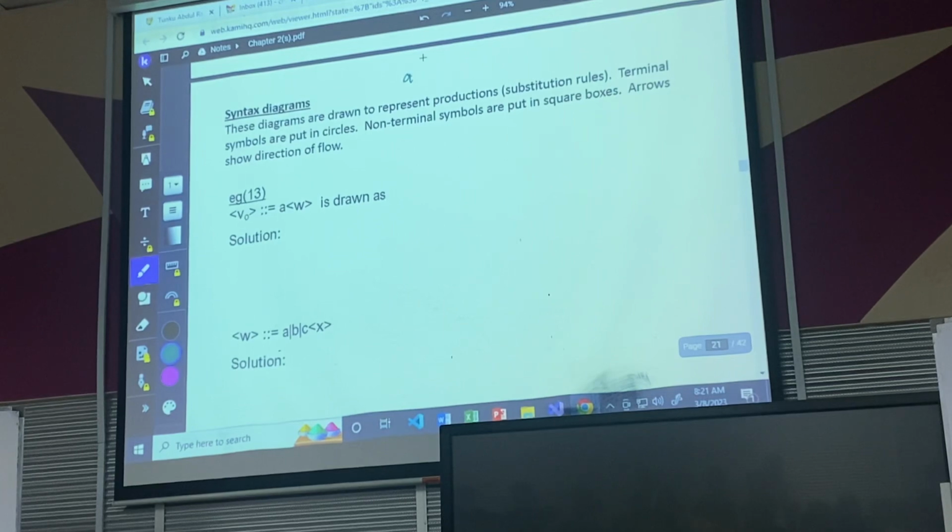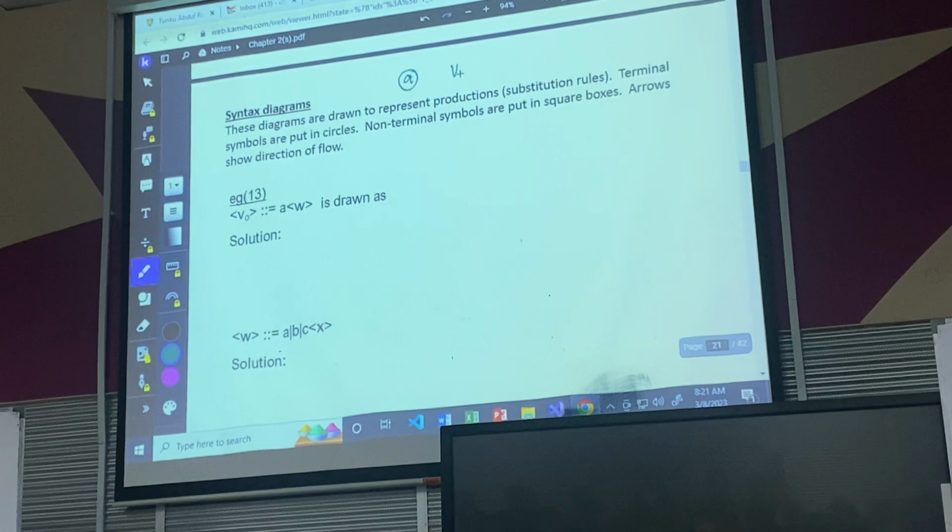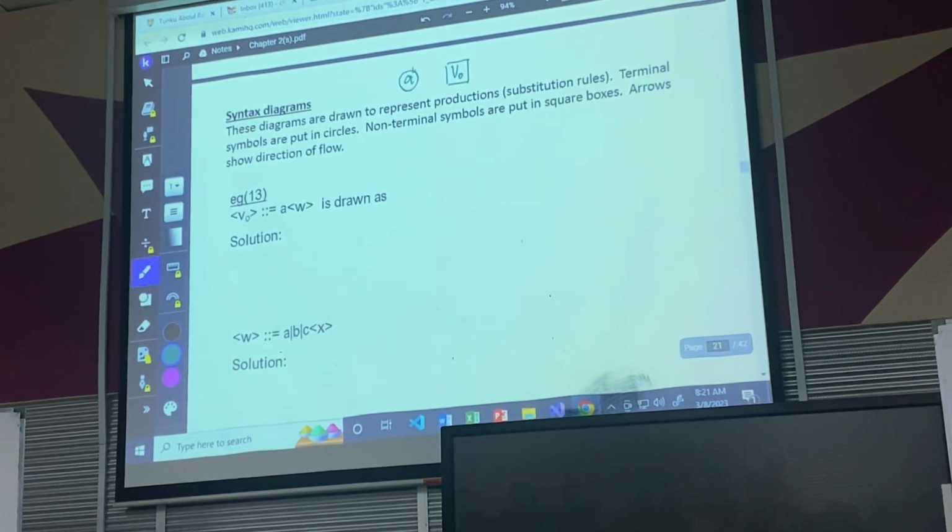Let's say A is a terminal symbol, so we put it in a circle when we draw the syntax diagram. And for the non-terminal, we put it in a rectangular box like this. Okay, so this is non-terminal, this is terminal.